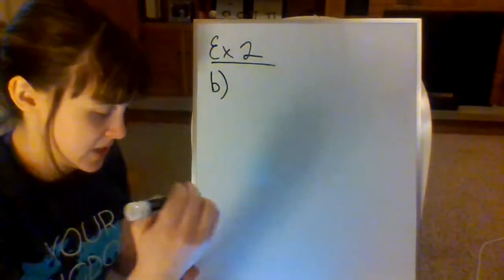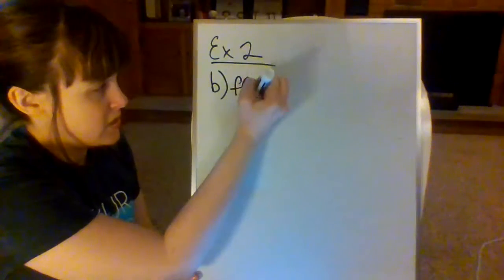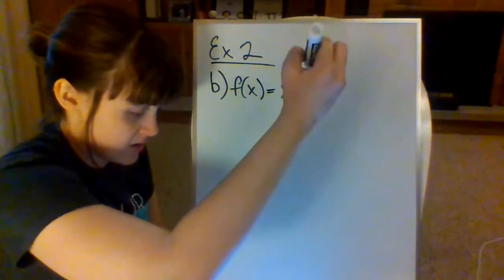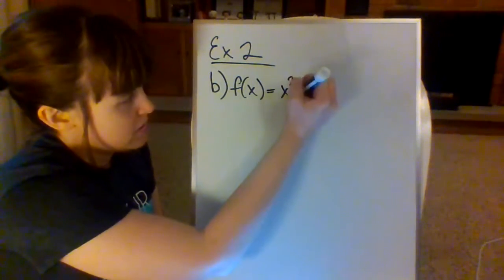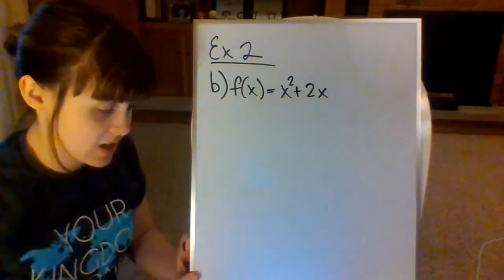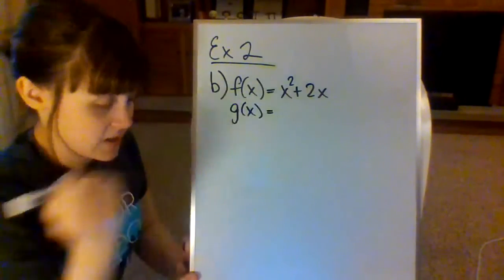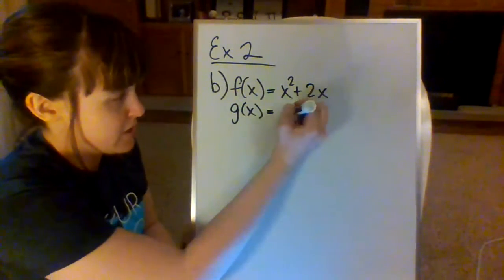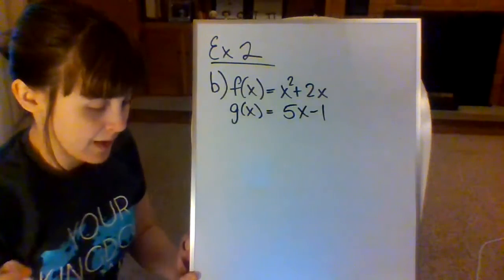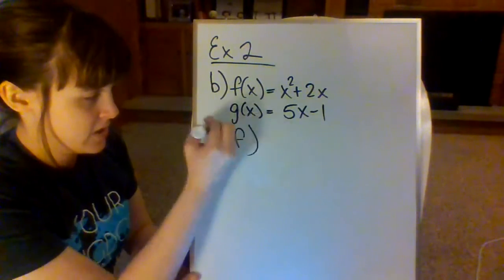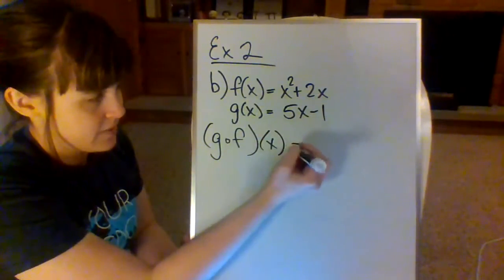Part B says f of x is x squared plus 2x, and g of x is 5x minus 1, and we're supposed to find g composed with f of x.